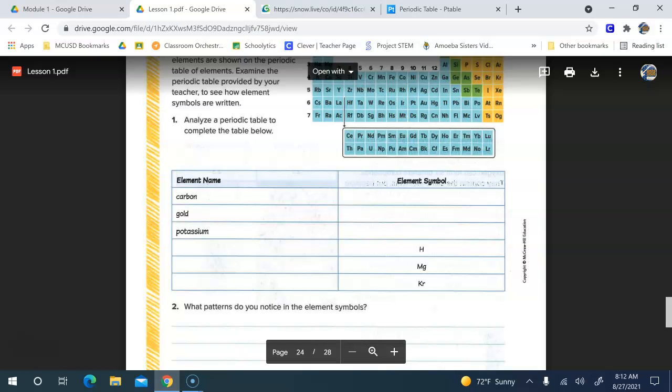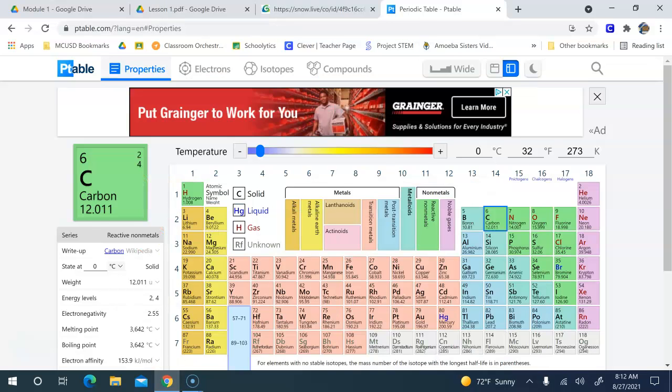Okay? Then you're going to find gold and potassium on the periodic table and write the element symbol. Now, you are going to then go back to that periodic table and we're going to find what H stands for. So you'll go to the periodic table, you're going to look for the big H, you'll see it's number 1, and that is the symbol for hydrogen.